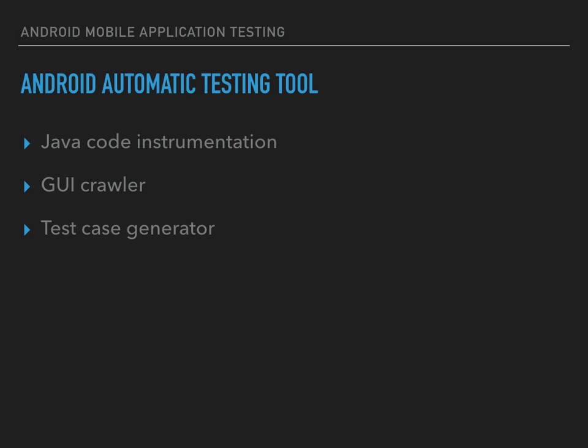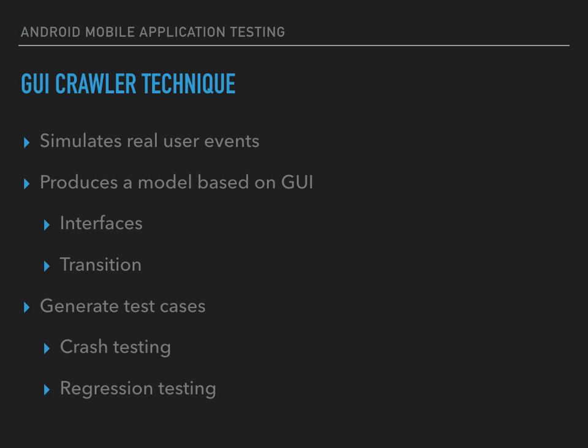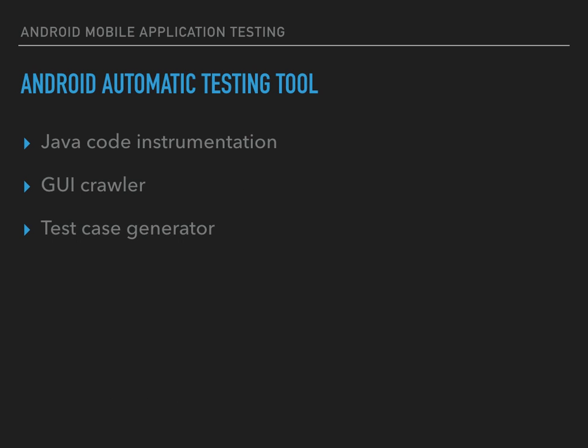So this tool implements the GUI crawler technique that we just discussed with these three components: the Java code instrumentation, which allows us to manipulate code so we can automate any crash tests we want; the GUI crawler, which executes the application and creates the model as well as gets information about the interfaces and events; and then the test case generator, which executes after creating the model.